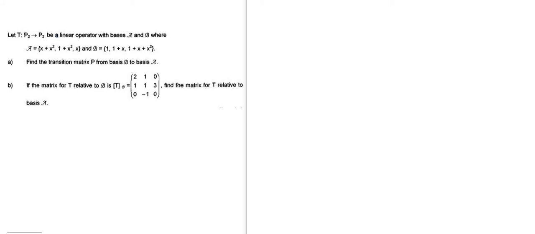Okay, so in this question, we cover the topic of transition matrix. Transition matrix P, normally denoted by P from basis B to basis A. We're given two bases, A with 3 components and B with also 3 components.